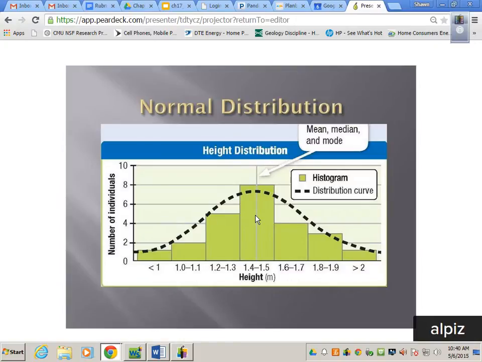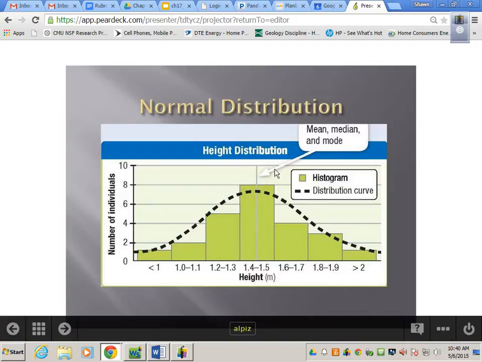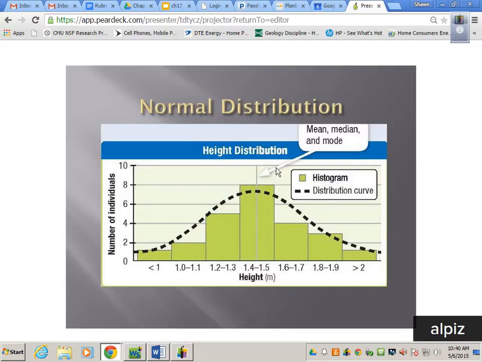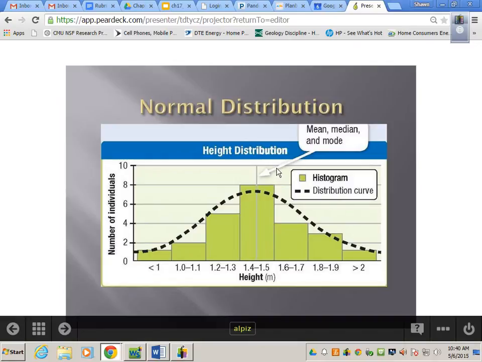Now, a histogram is more of a bar graph type piece of data, whereas an actual curve is going to be a line put across that histogram with points in it. So I'll probably have you guys do a regular line graph when we do our bell curves in lab.